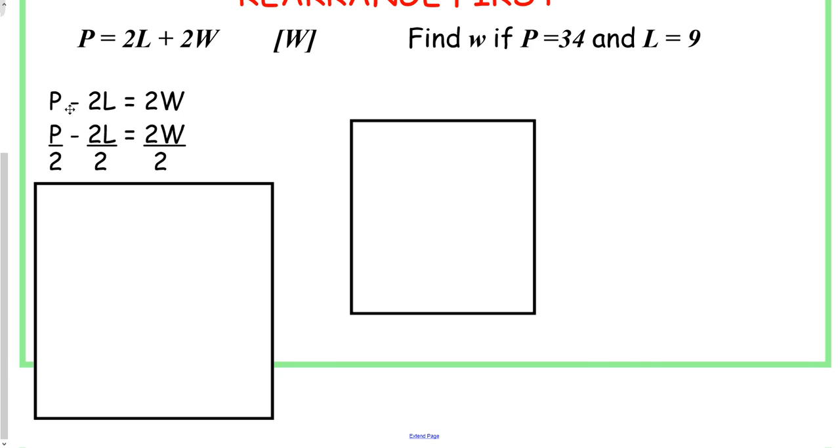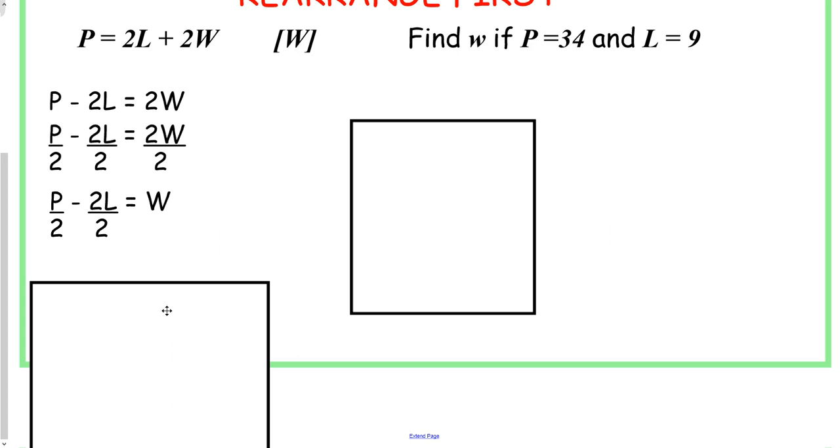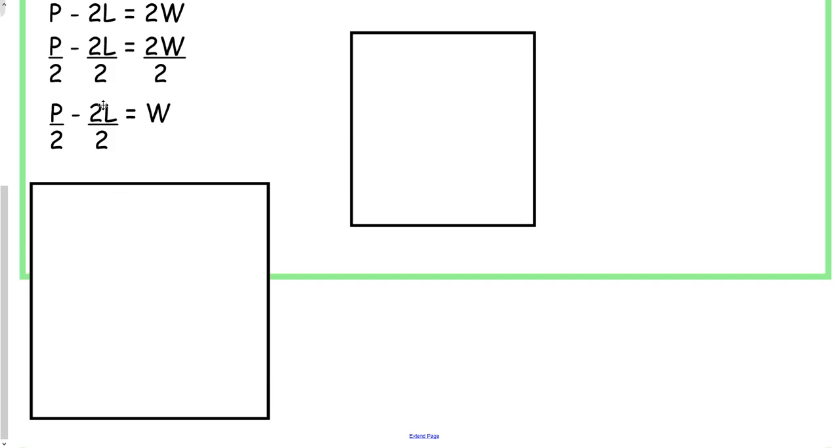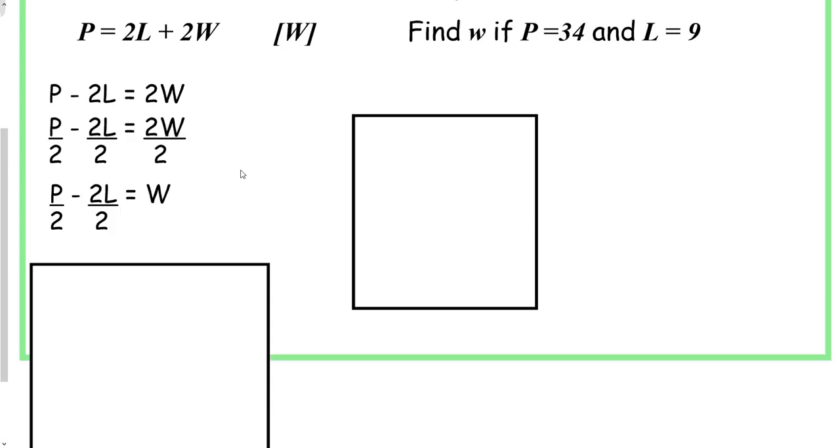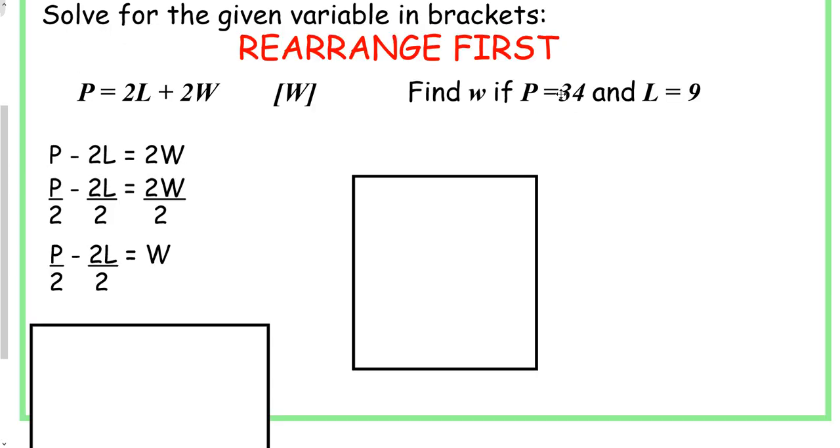Okay, now you can simplify. So we have P divided by 2 minus, these 2's will cancel out. So minus L equals, and these will cancel out, equals W. So this could actually be minus L equals W. Okay, and now you want to replace the perimeter with 34 and your length with 9.